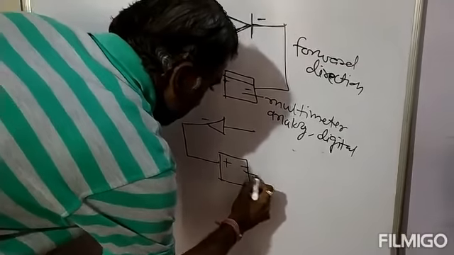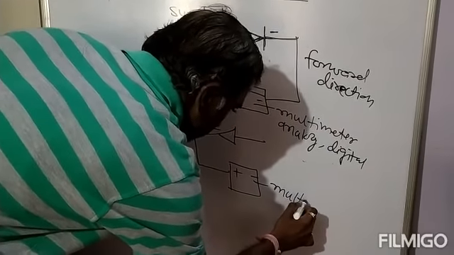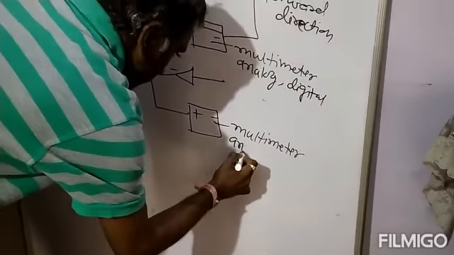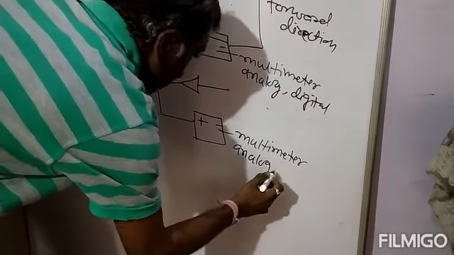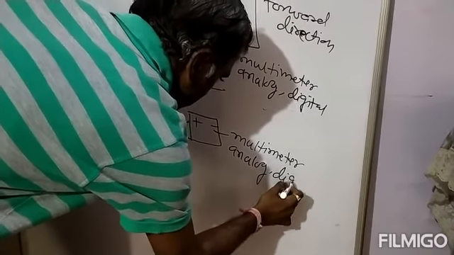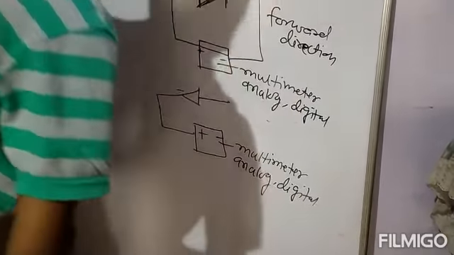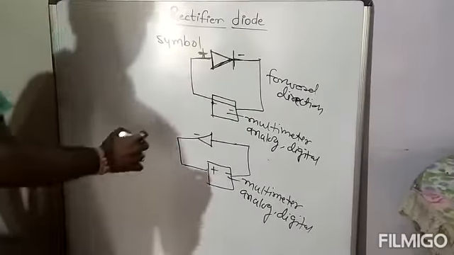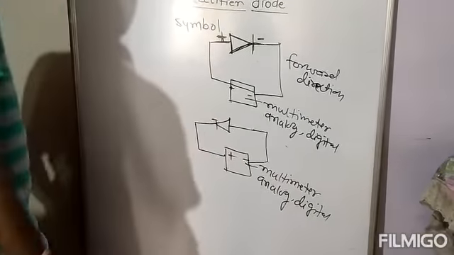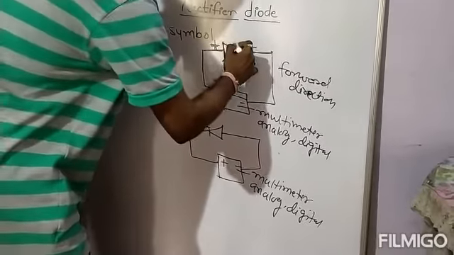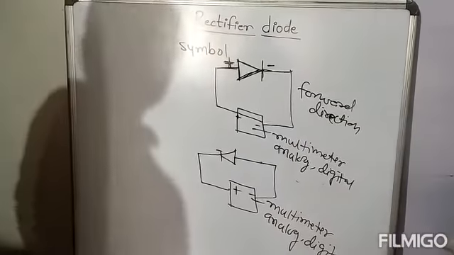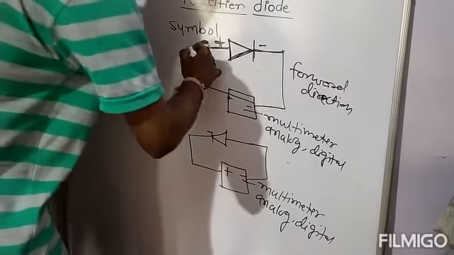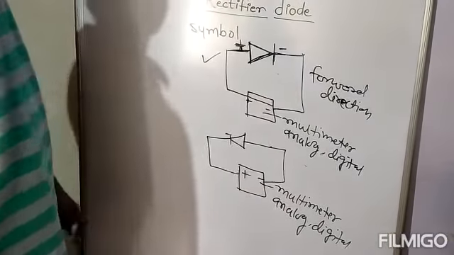This is also a multimeter, analog, digital. This is the symbol of the diode.